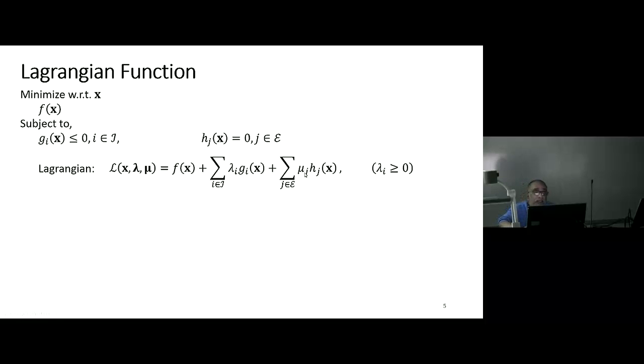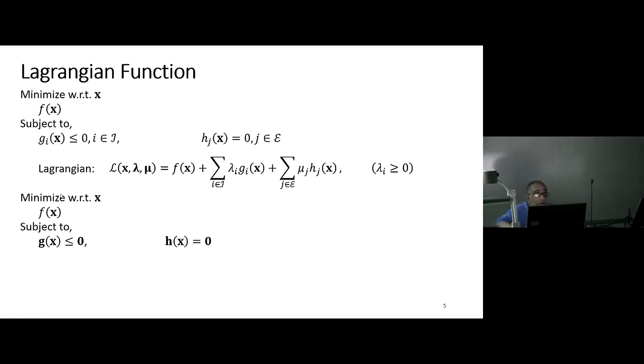And these mu j's are also dual variables, but they are associated with the equality constraints. Now, these mu's are unrestricted, but these lambdas must be greater than equal to 0. And therefore, lambda i g i of x would be of opposite signs. Remember that.